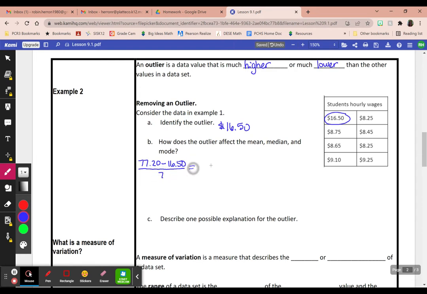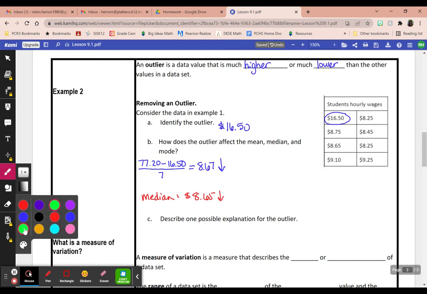So that would mean that our new mean would be $8.67, which is a lot lower and closer to the middle than the other one was. Okay, so that one went down. Then if we look at our median, if we took that one out, would be 8.65. So that one also went down from the original.